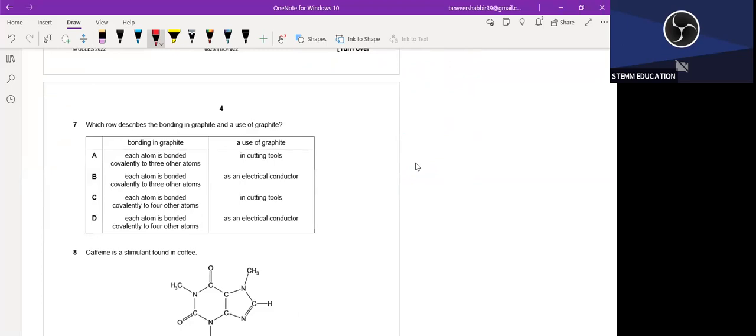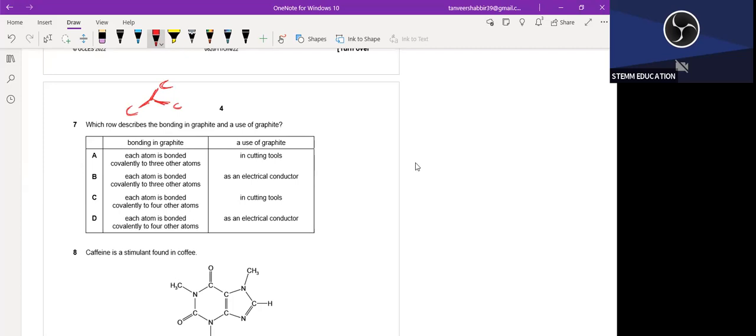Now, question number 7. Which row describes the bonding in graphite and the use of graphite? First of all, graphite is a form of carbon and each carbon forms 3 covalent bonds with other carbon atoms, while in diamond there are 4 covalent bonds with other carbon atoms.